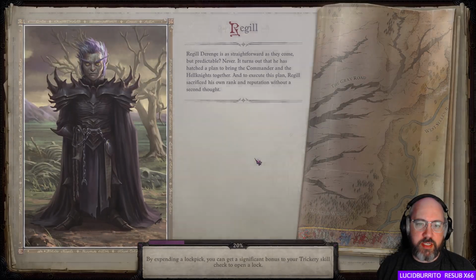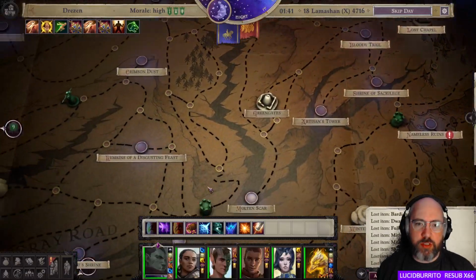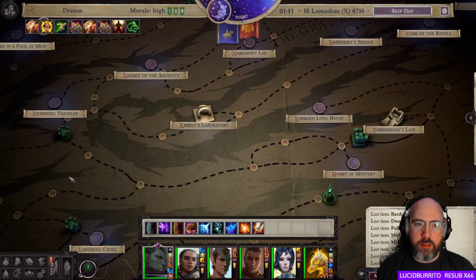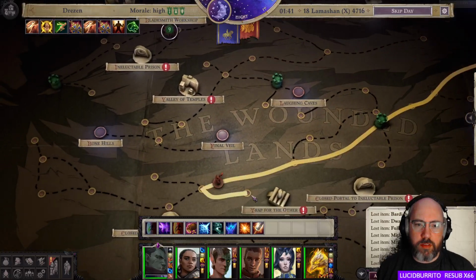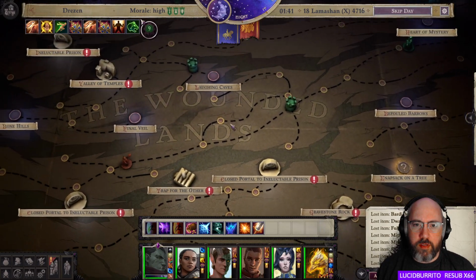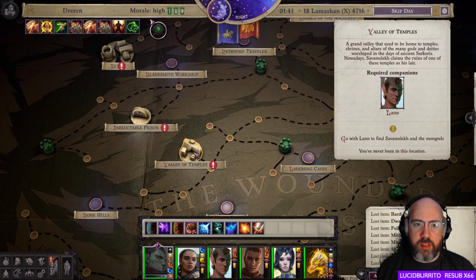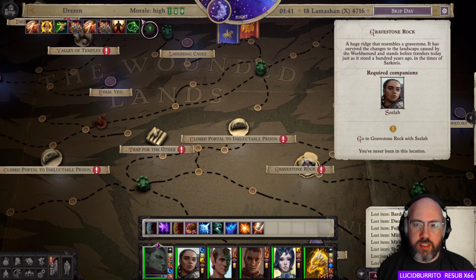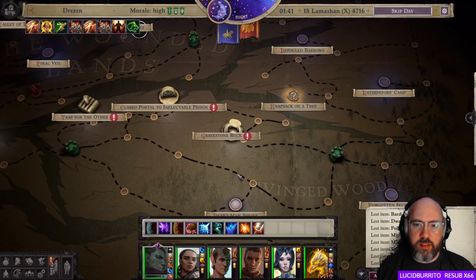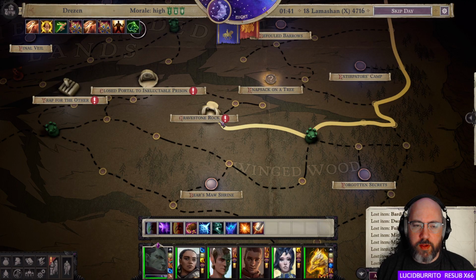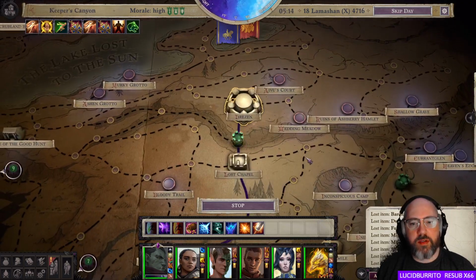Outpost is gonna take 5 more days. Alright, I want to go... There's Land's place. This is for Sela. This is for Darren. Let's go to Sela's place first.